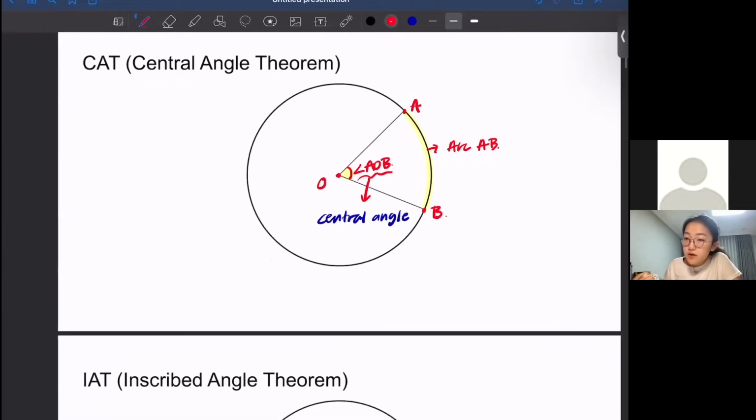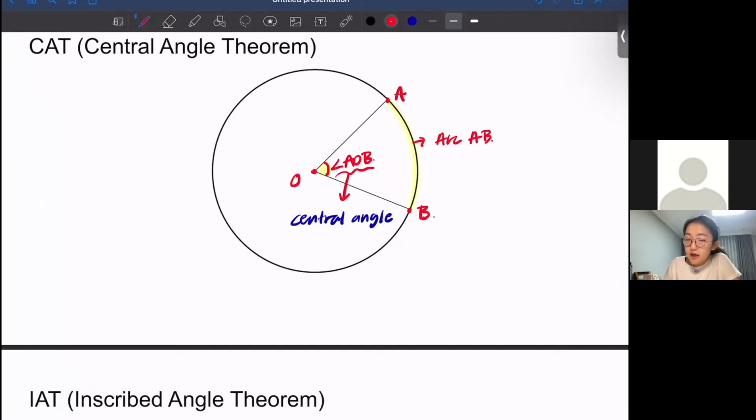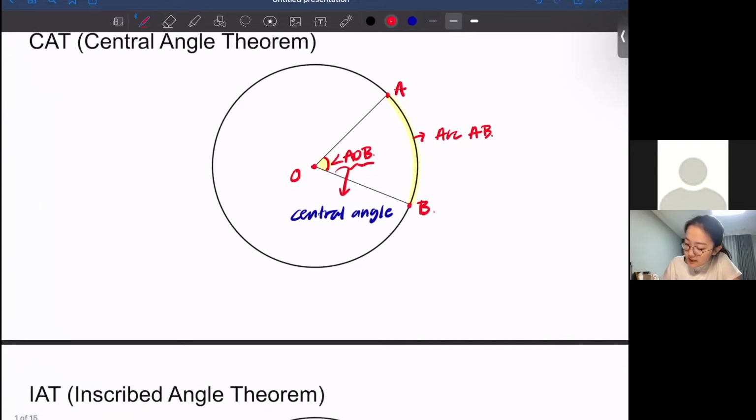So what kind of relationship does arc AB and angle AOB have? Arc AB has the same measure as angle AOB. Sorry, my mistake.